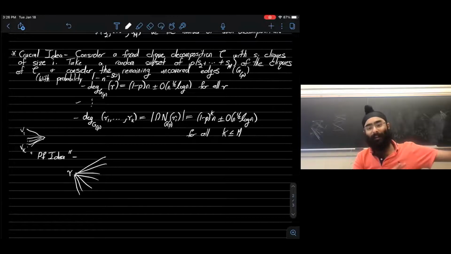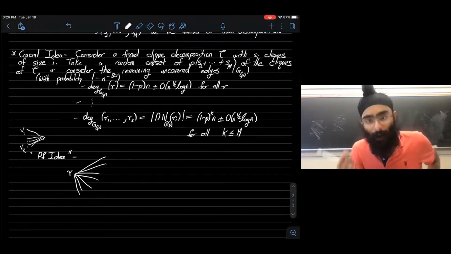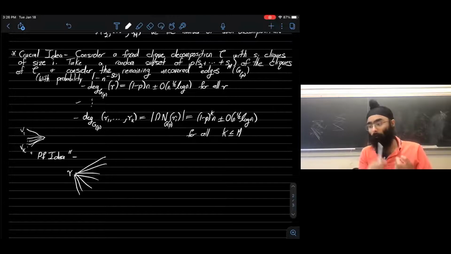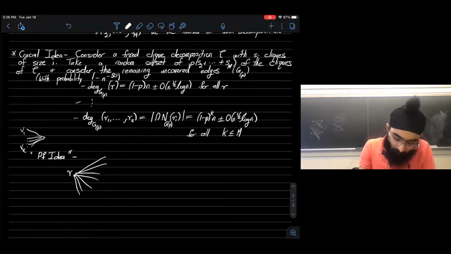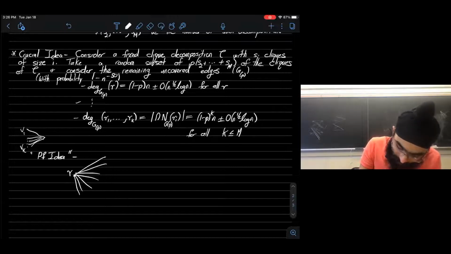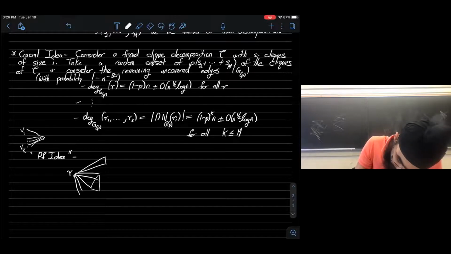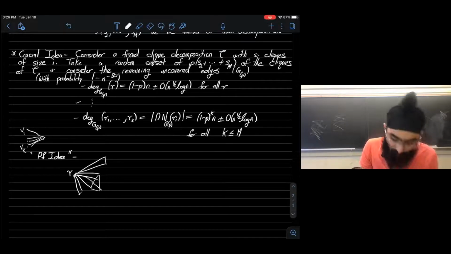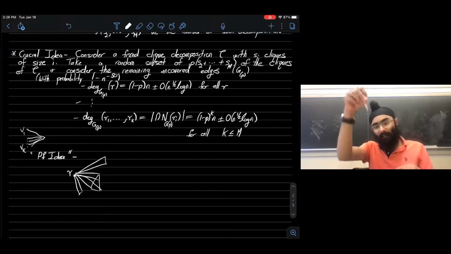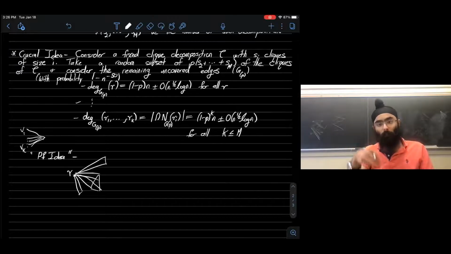You should ignore that; it's just an artifact. You should just imagine that I'm keeping every clique with probability p. So let's look at this vertex. Its edges are in some cliques. This is a clique of size 3, this is some clique of size 4 that contains its edges, some clique of size 3. And I'm deciding to keep each clique or not with probability p.